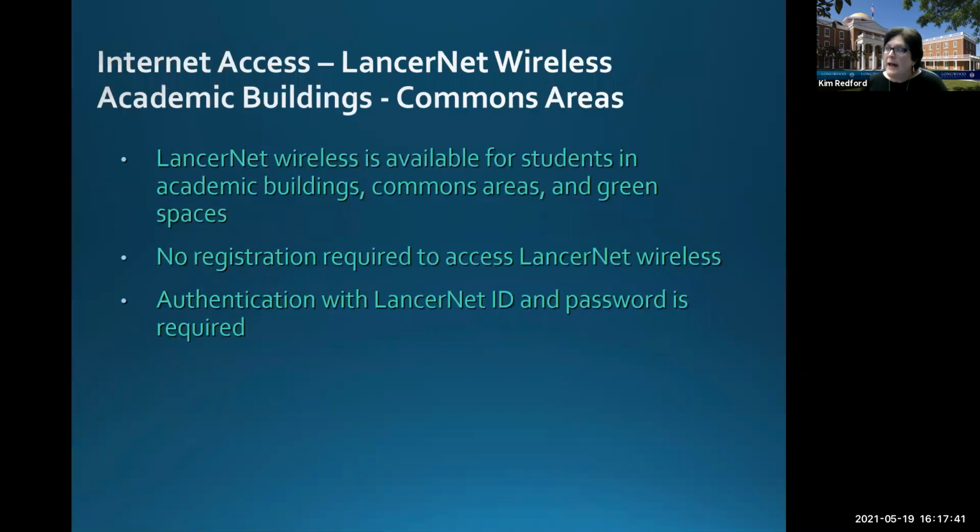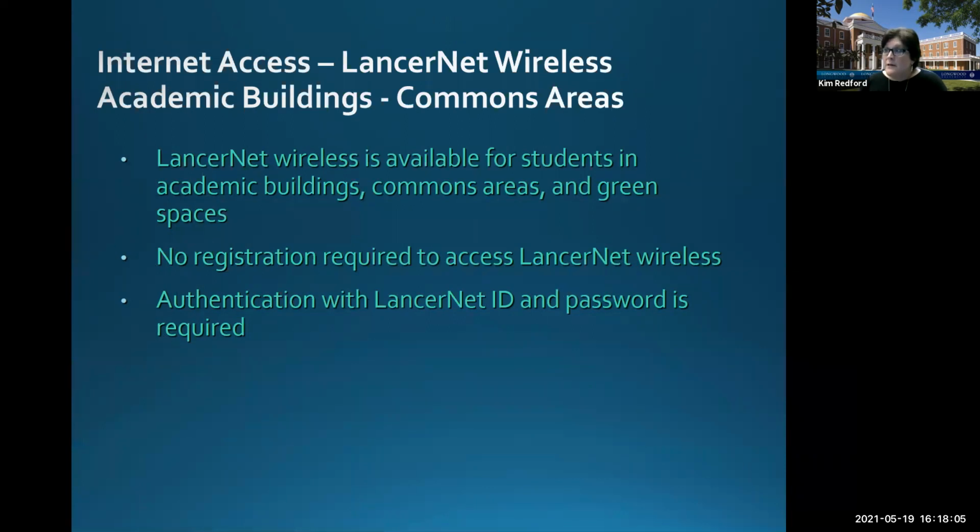Okay, we do also have a Longwood LancerNet wireless network. It's what we use in the administrative buildings. We also have it available for students in academic buildings and commons areas, so the library or the student union, and many of our green spaces, even outside, you're going to have access to hop onto the LancerNet wireless network.